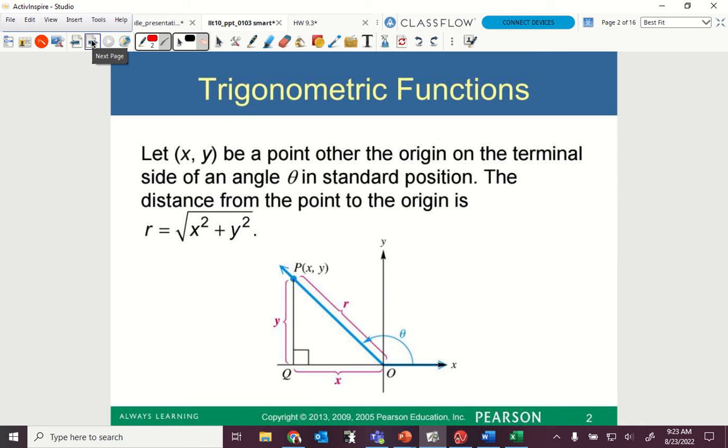In my right triangle, if you notice, we have an X right here. We have a Y, and then the R is going to be from the origin of my coordinate plane, or my Cartesian plane, out to whichever point I'm going to go to.